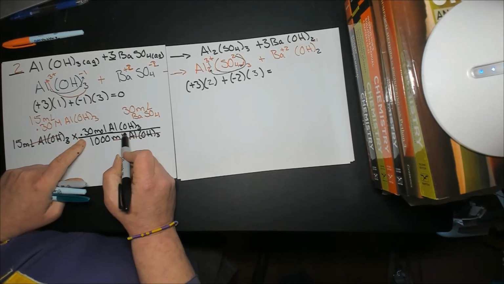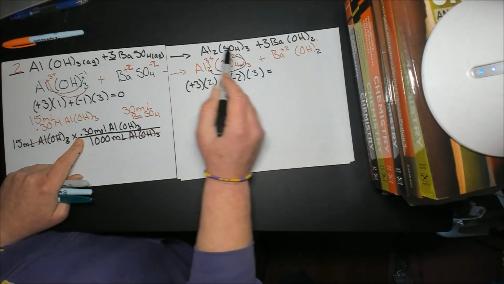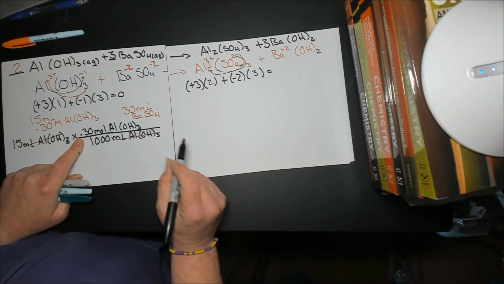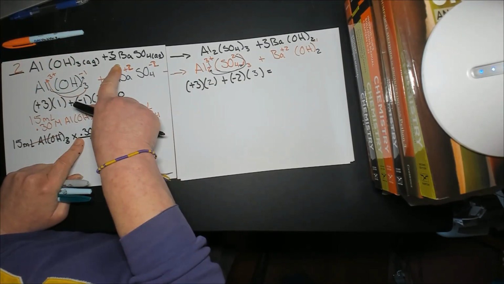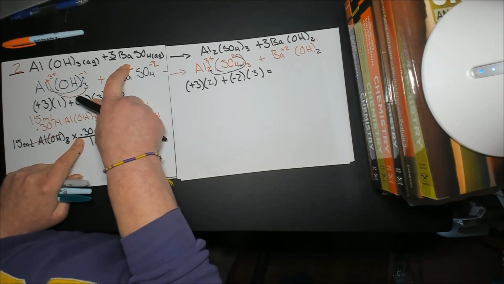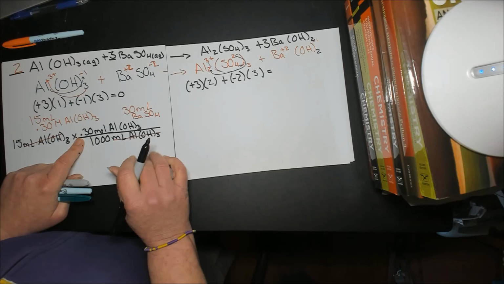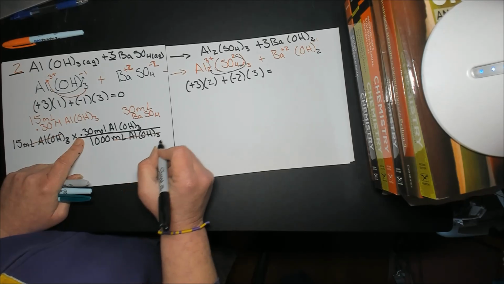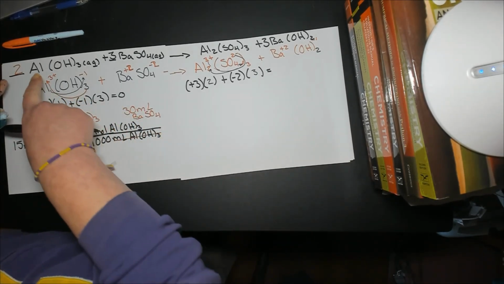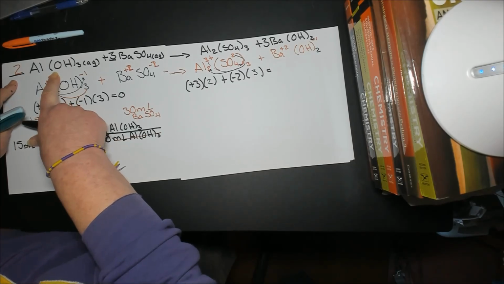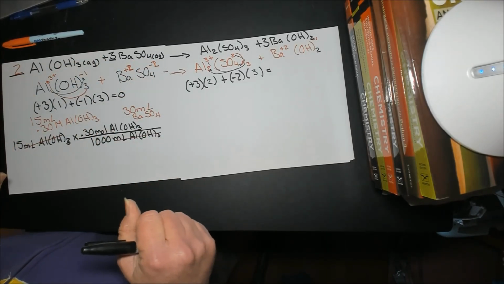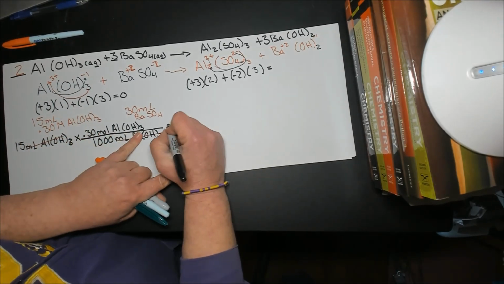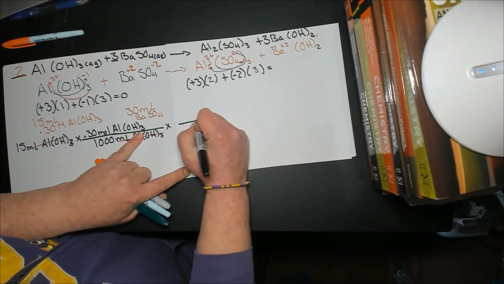Okay, so now I have my moles of this, and I can use my stoichiometric coefficients to come up with a ratio of anything. So first let's jump right to the BaSO4, and then we'll use the other one, finding the molarity of the Ba(OH)2. Okay, so if I have 2 moles of aluminum hydroxide and 3 moles of BaSO4, barium sulfate, I can relate those with their mole-to-mole ratio, like this.